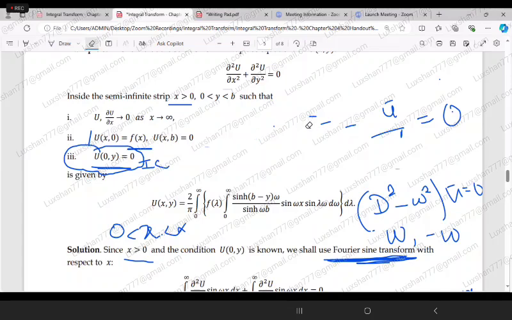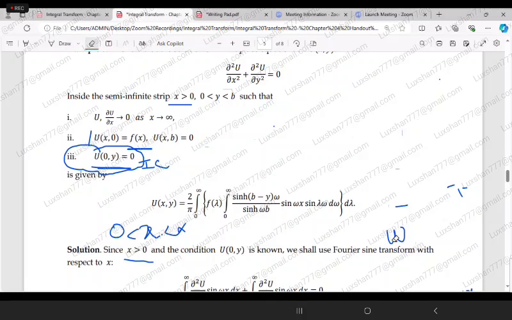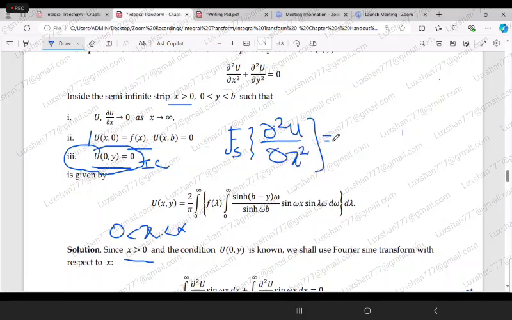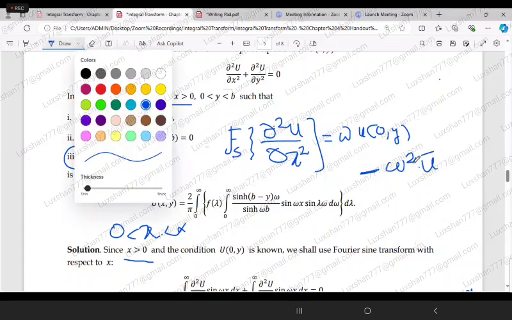The Fourier sine transform of the second derivative of u with respect to x squared is equal to what? Can anybody tell me? Omega times u(0, y) minus omega squared u bar. Here only we are using that part.